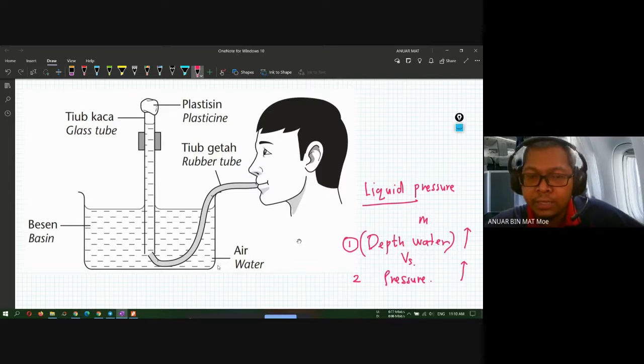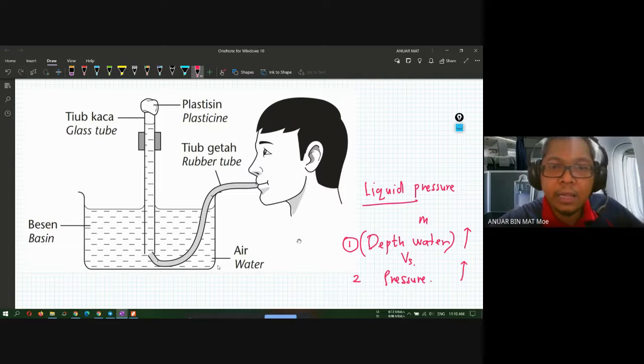Okay, so in this experiment, the boys over here will try to blow a bubble. They blow to create a bubble and insert it into the glass tube. The boys try to create a bubble by blowing into the rubber tube, and then the bubbles will emerge inside the glass tube.